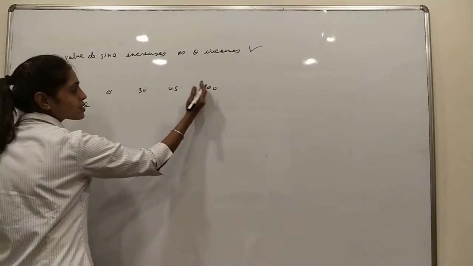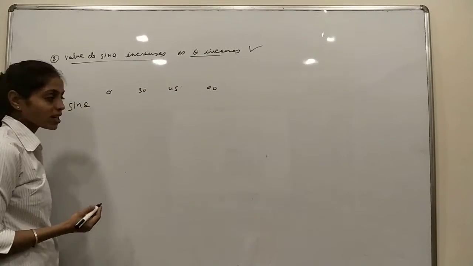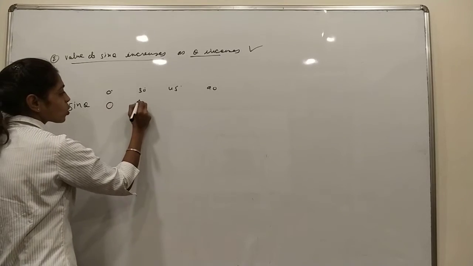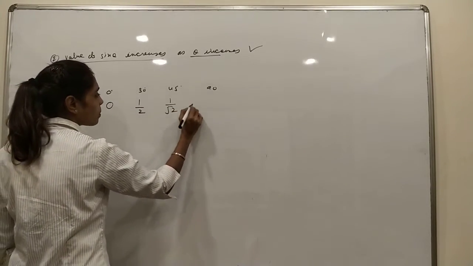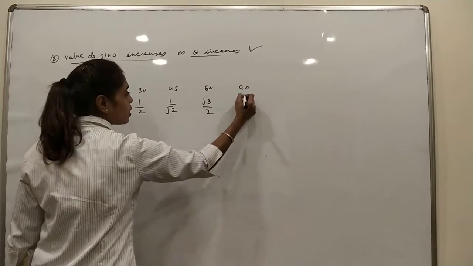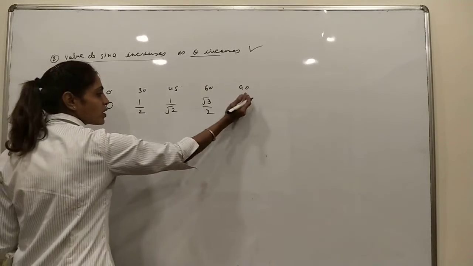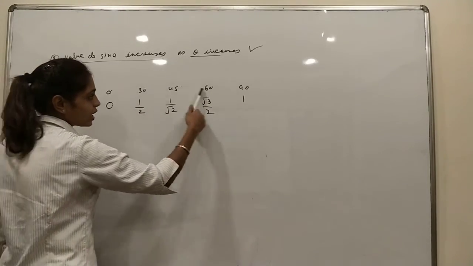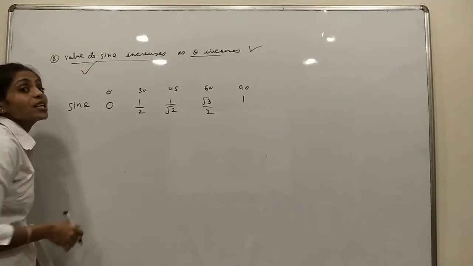As theta increases, the value of sin theta also increases. Sin 0 is 0, then half, 1 by 2, 1 by root 2, root 3 by 2 is 60, and 1 is 90. As the angle increases, its value also increases, hence it is true.